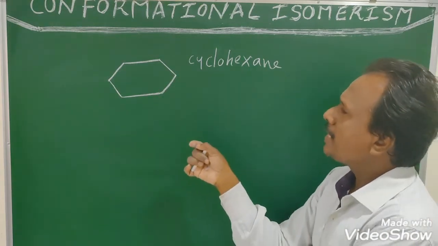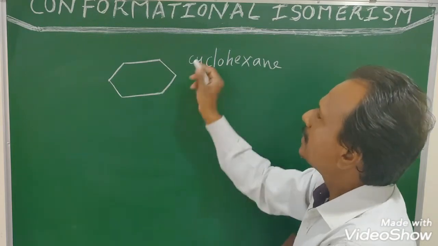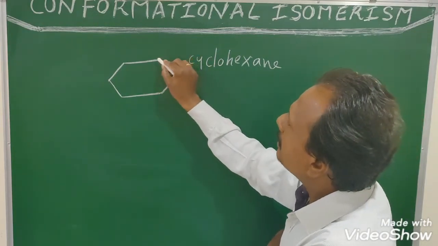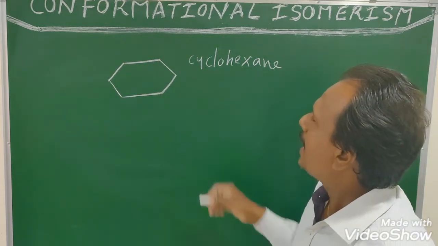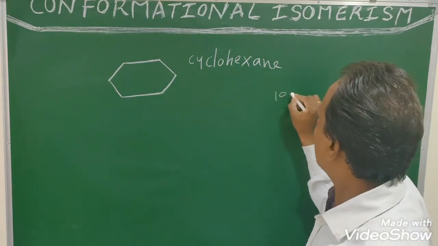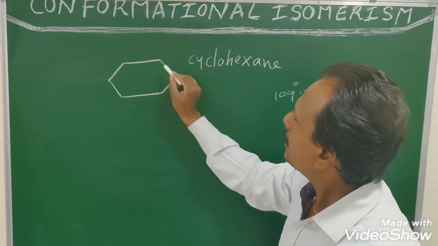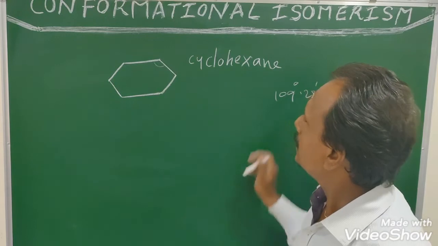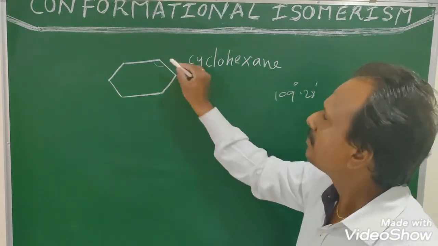Actually, cyclohexane does not exist in this structure because each carbon is sp3 hybridized. The ideal bond angle is 109 degrees 28 minutes. It is not equal to the ideal bond angle, so there is angle strain.